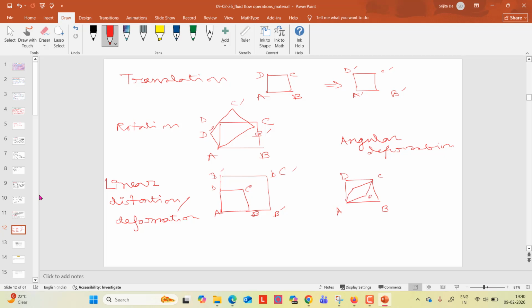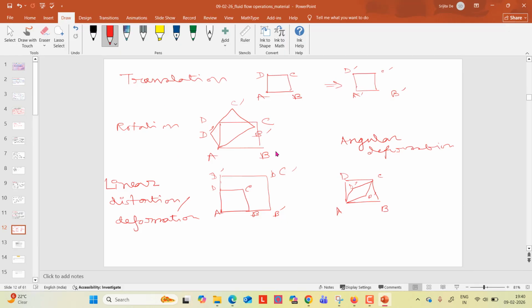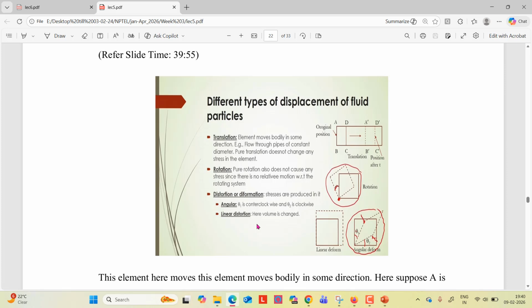So now this is B dash, this is C and this is D dash. Okay. And accordingly, this is C dash. The angle has also been changed, theta 1, theta 2. Okay. So this is the angular deformation.